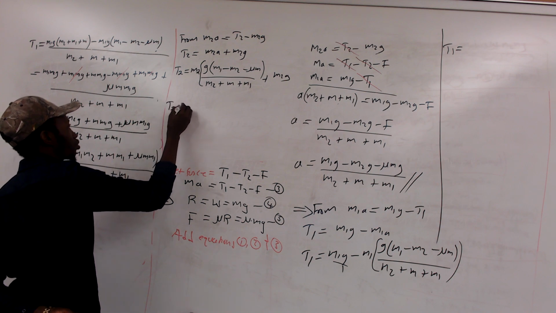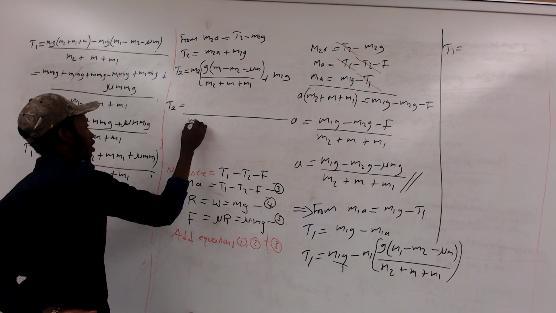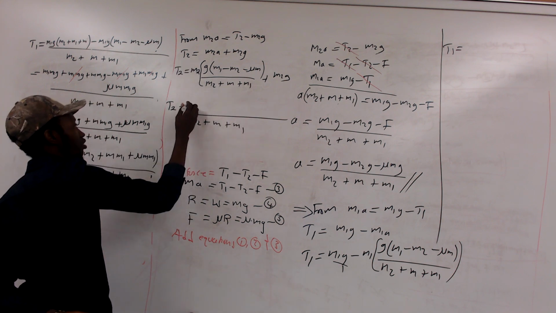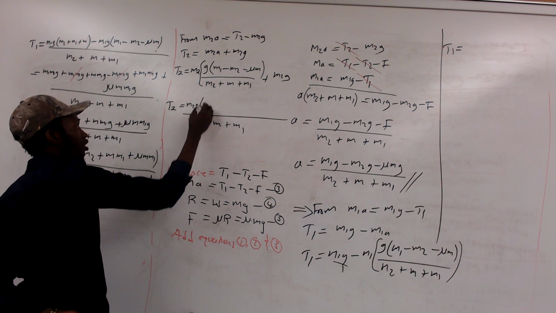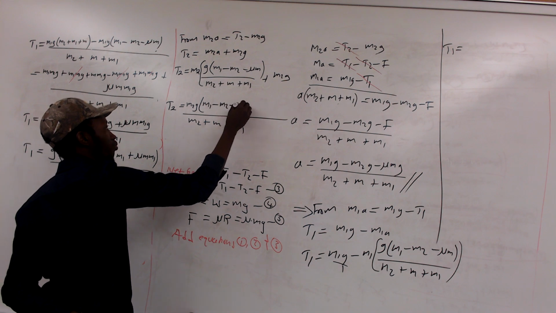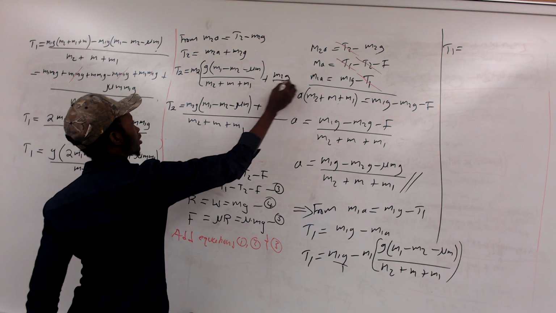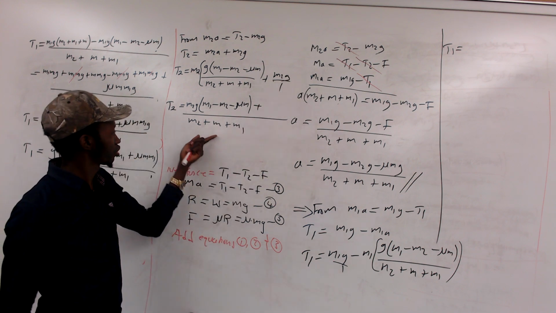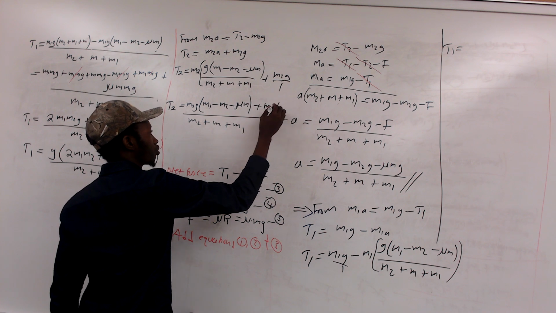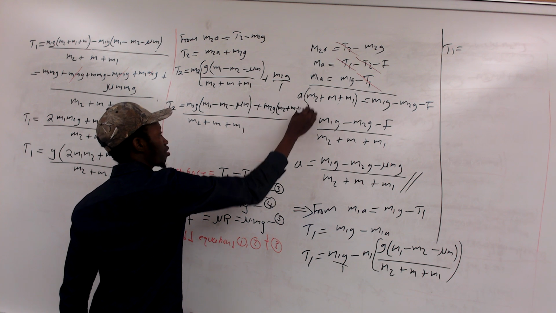We'll find again the LCM here, it's going to be M2 plus M plus M1. This into this time, this is going to be M2G into the top, M1 minus M2 minus mu M, plus this into this, which is just M2G into M2 plus M plus M1.